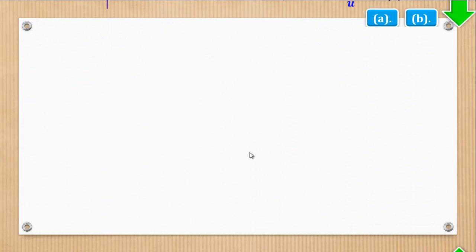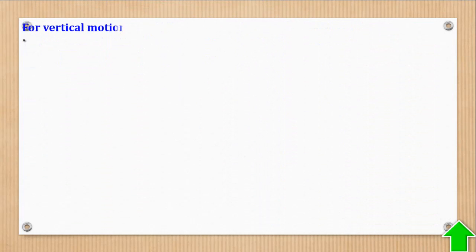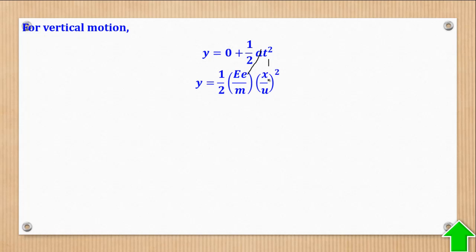Okay, so we have got equation 1 and equation 2. Then for vertical motion, we have this because it was entirely horizontal initially, meaning there's no vertical component. That's why the vertical component of initial velocity is 0. Then substitute for a and for t.